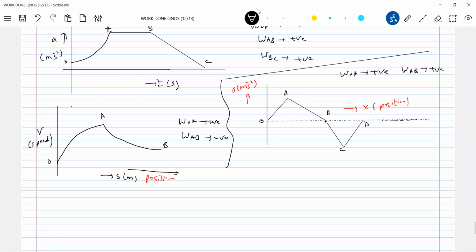V square minus U square by 2 should be equal to the area under the curve. So the area under the AX graph is V square minus U square by 2. Let initial velocity be 0, so this becomes V square by 2. If you want the speed, V should be equal to under root of U square plus 2 times the area.